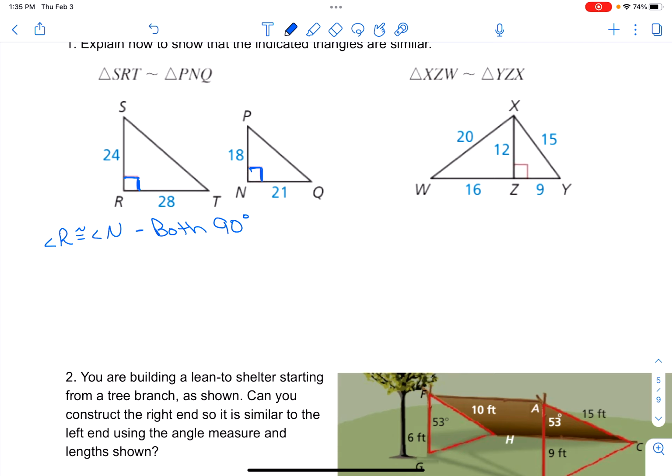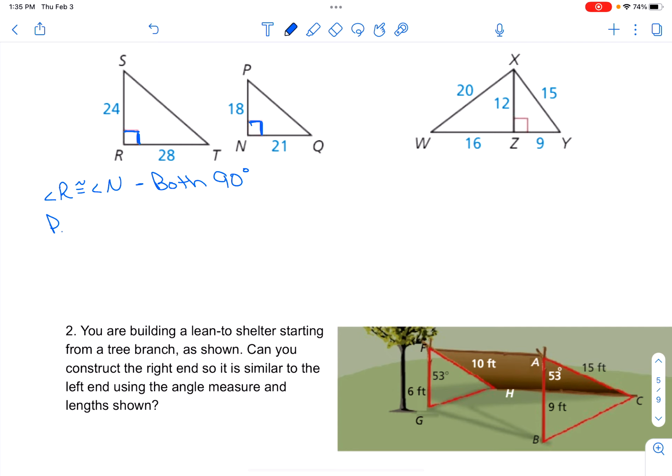So now what we need to do is look and see if those sides that include that angle are proportional. So we need to make sure that PN over SR is equal to NQ over RT. We need to make sure that they have the same proportion.